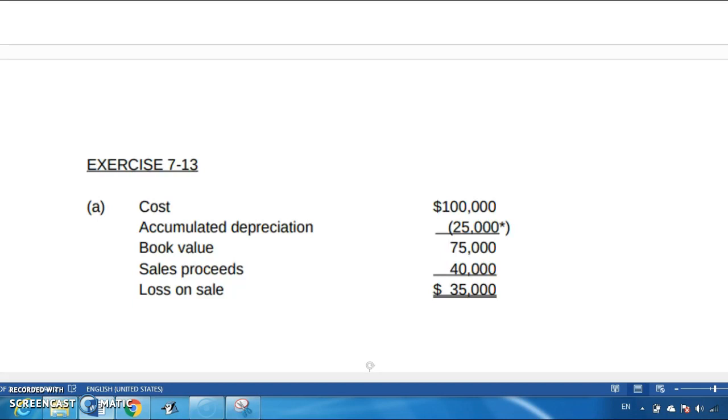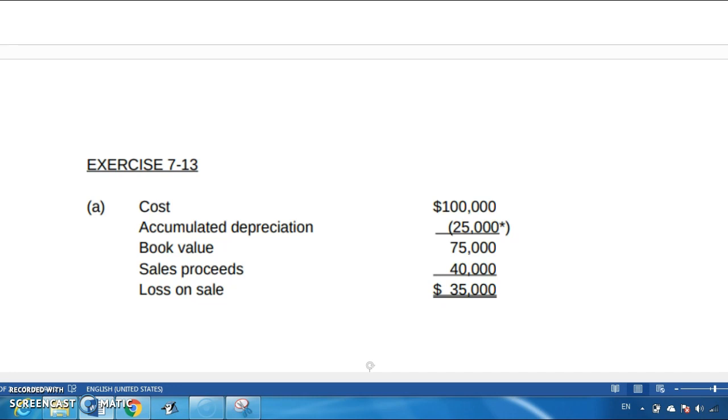We have cost. What is the cost of the scanner, the first scanner? It was $100,000. Then the accumulated depreciation was $25,000, which is after 1 year, the depreciation is going to be $25,000. Then we get the book value. The book value is the value after the accumulated depreciation has been subtracted. So the book value here is $75,000.